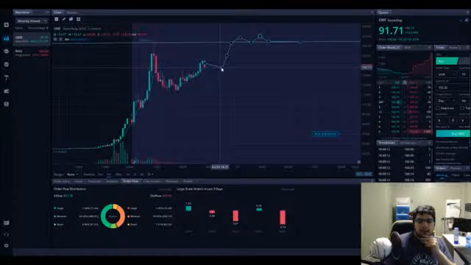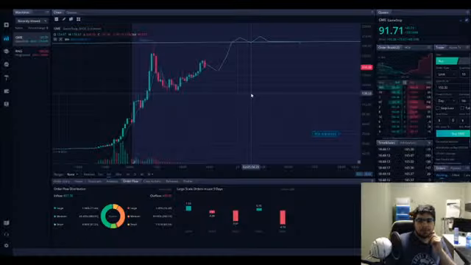Now, okay, so it looks like it will be pretty steep right here. That's good. The steeper this is, the more confident I am that this indeed is a cup and handle formation, because it always could be something else. Technical analysis is that thing where you only really know what happened after it happens. Can't always use it for predictions.